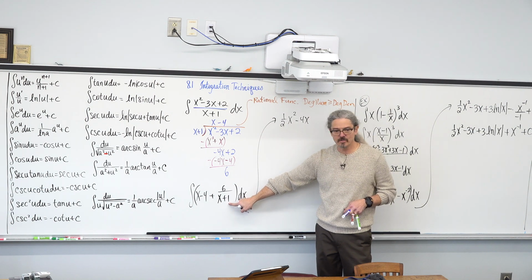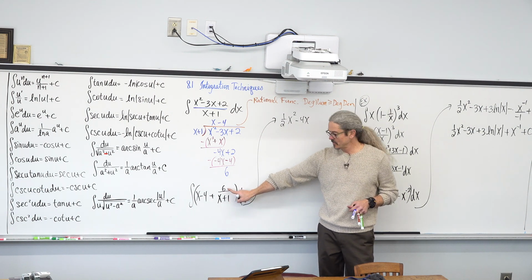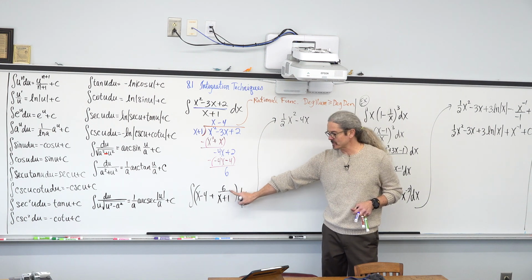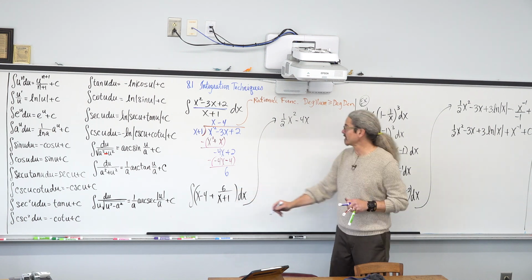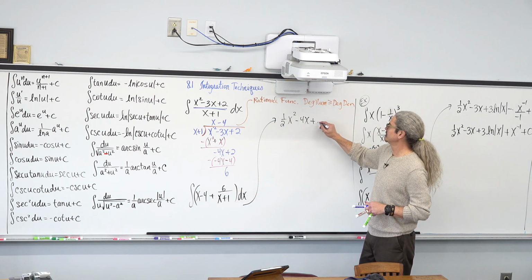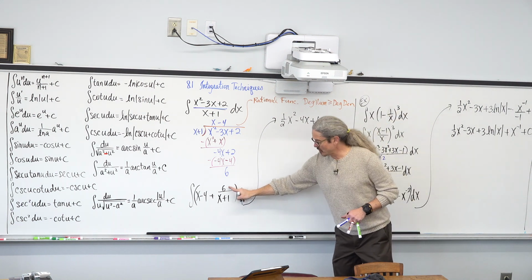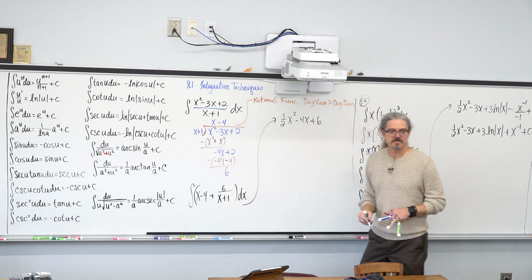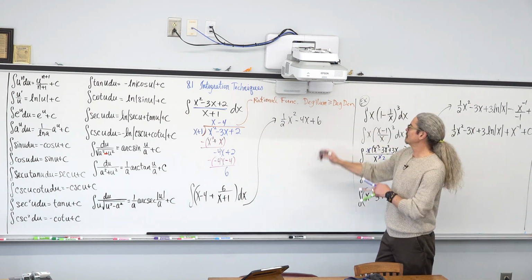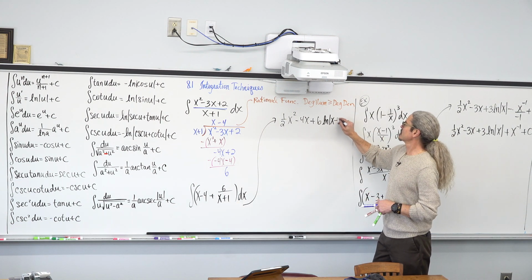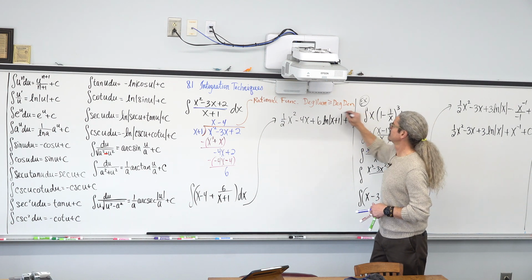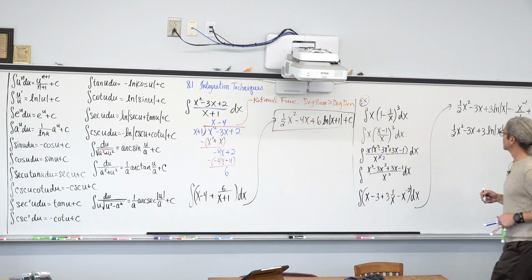If that is my u, u prime is going to be, what's the derivative of x plus 1? Just 1. So we can let that 6 sit out front and just integrate 1 over x plus 1, which is the natural log of x plus 1, and then plus c. Bam! Don't forget your plus c.